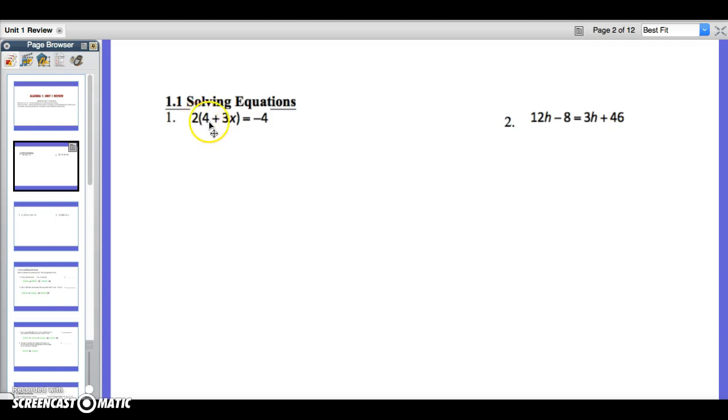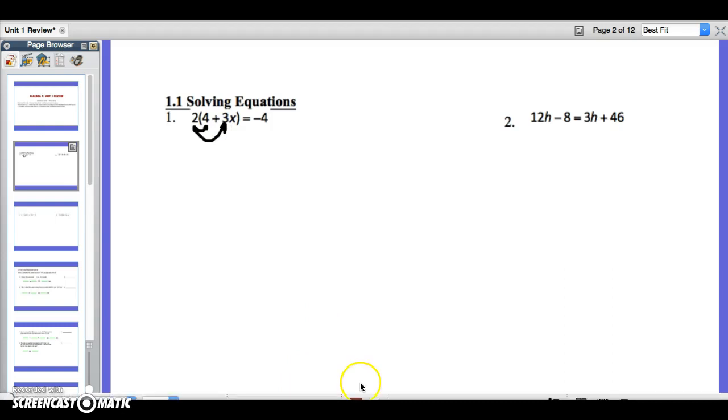So in a question like this, if we have parentheses, one option for solving would be to distribute this 2 to each of the terms inside of the parentheses. So I'm going to draw a little arrow here because I'm going to multiply those numbers together, and then I'm going to multiply these together.